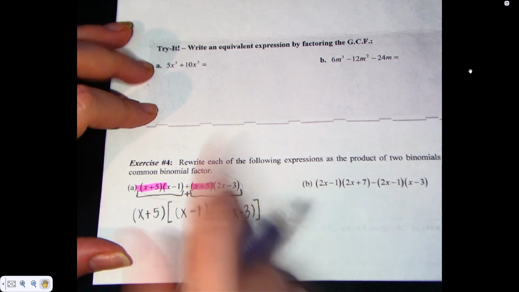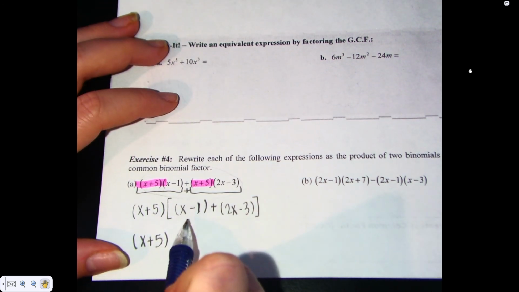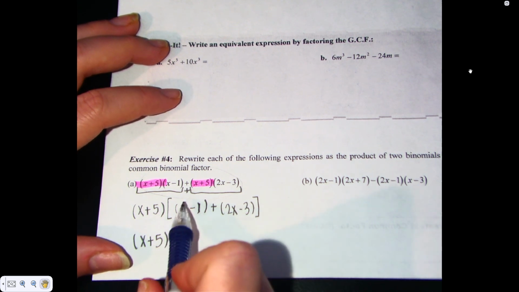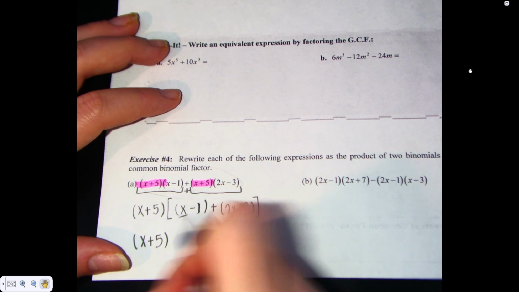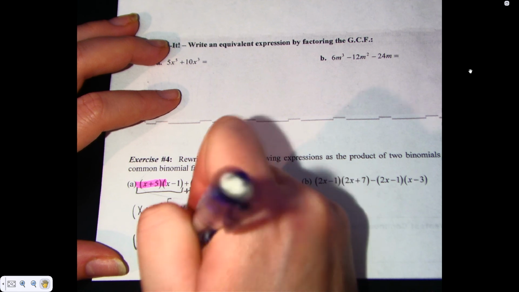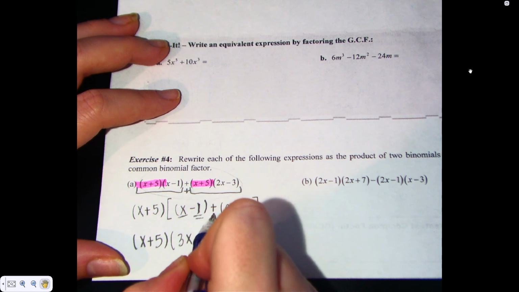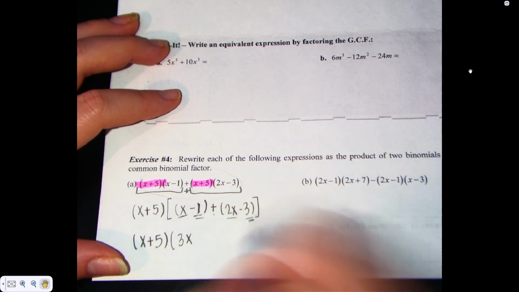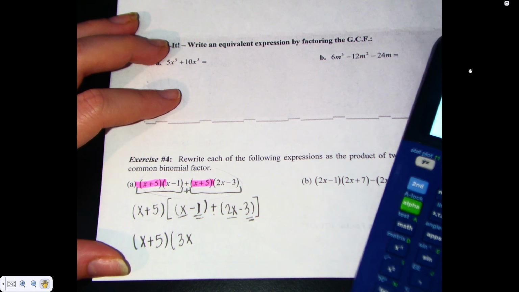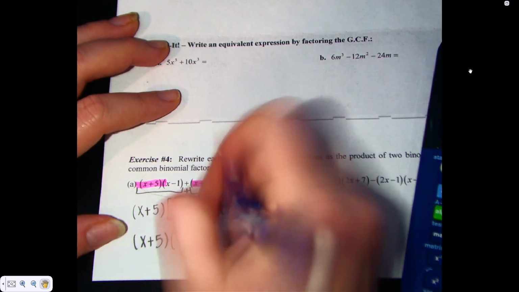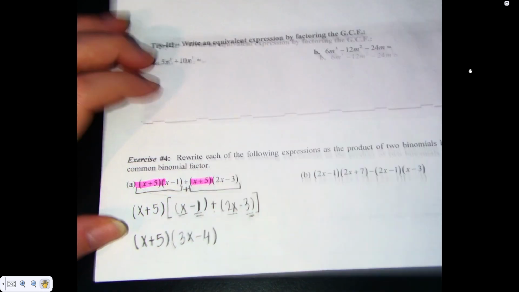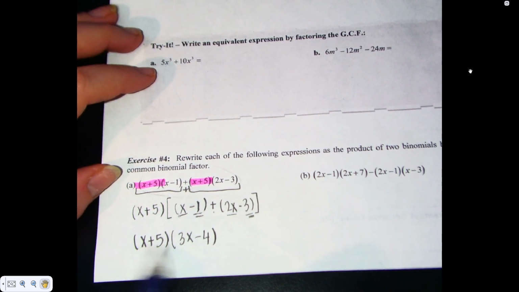So I have to simplify in here. Out here, x plus 5. Inside, I'm just adding these expressions together. So I have x plus 2x. Well, if I have 2 x's and I add one more, I get 3 x's. Okay. And then I get negative 1 plus negative 3, which is minus 4. Okay. So now I have the product, which is multiplication of 2 binomials.